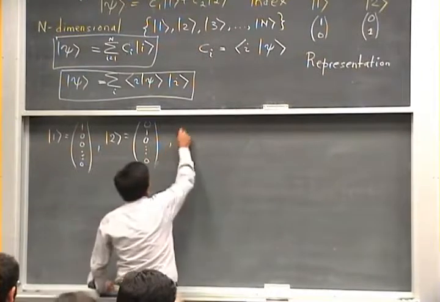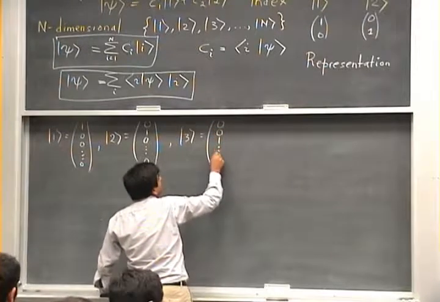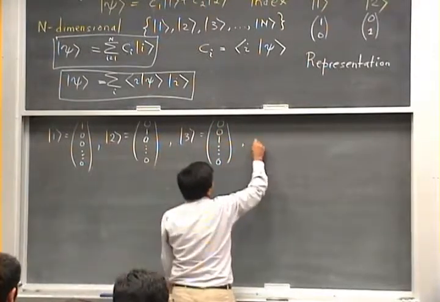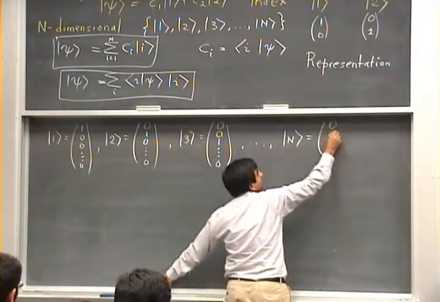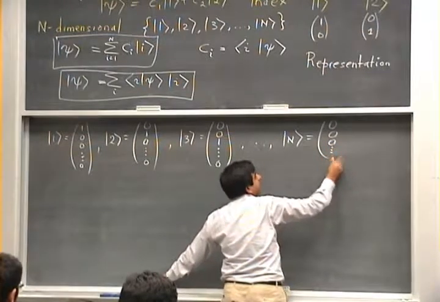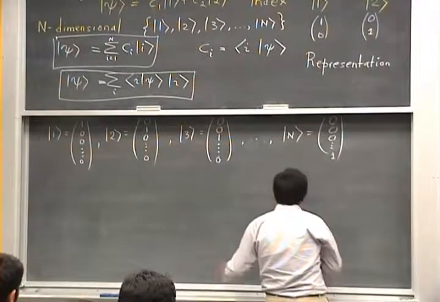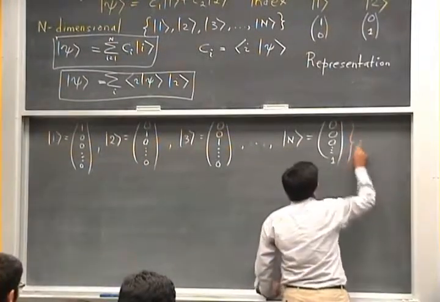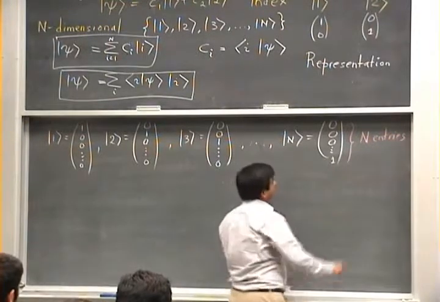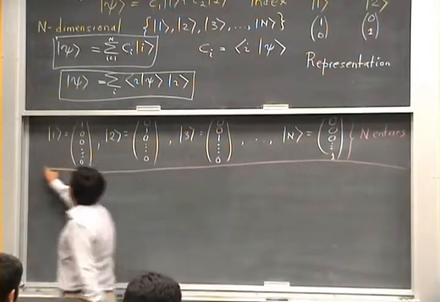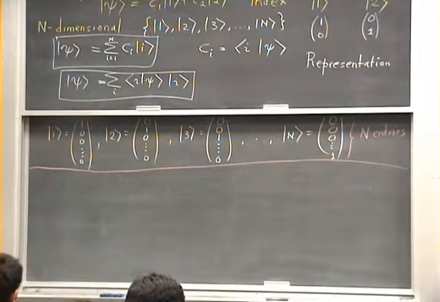A ket 3 is represented by a 1 in the third location. And a ket n is represented by a 1 in the nth location. So there are n entries here. The total number of entries in these column vectors is n. So there are n rows to this column vector. So when I write down this recipe, I've chosen a particular representation. Okay?